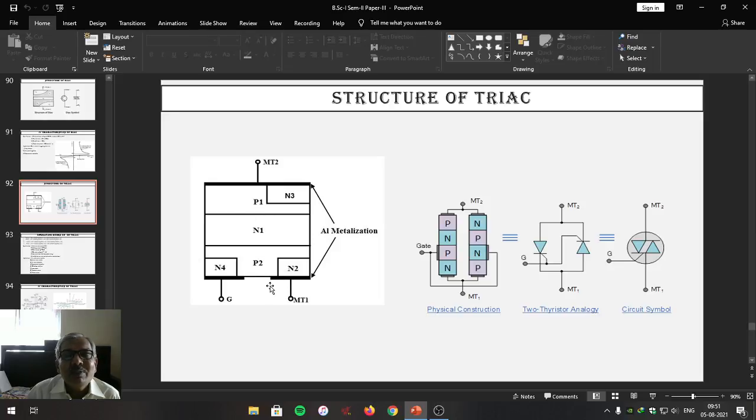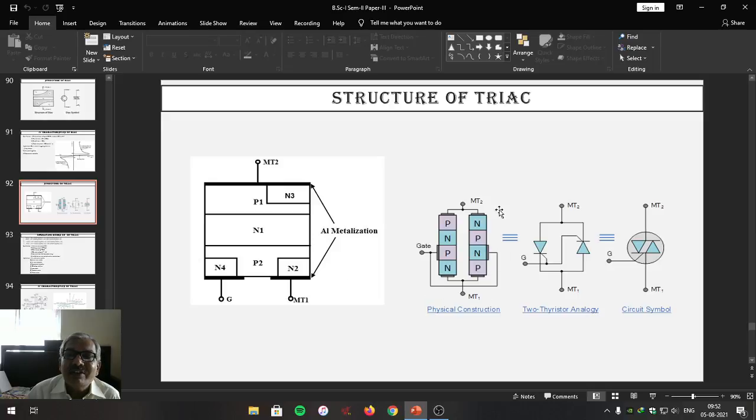This seems to be two SCRs connected in anti-parallel with each other. P region and N region combined together are called MT2. Again, P region and N region at the bottom are combined together, called MT1. N and P are combined together, called the gate. Thus, TRIAC is two SCRs which are connected in anti-parallel.